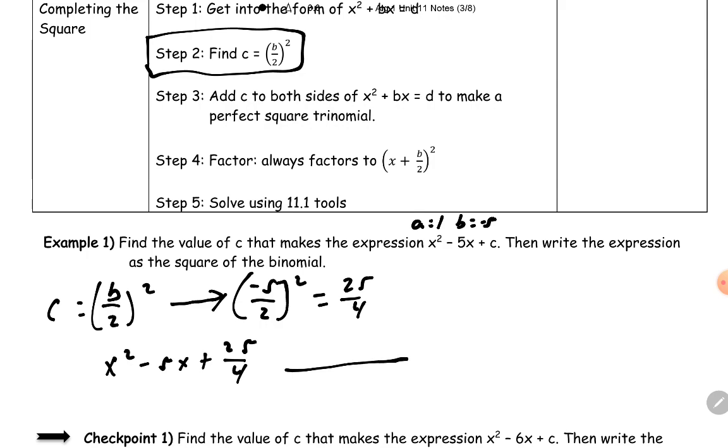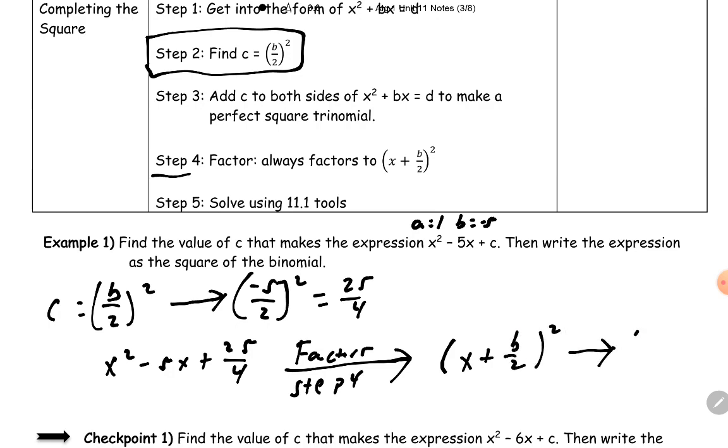And then we're going to factor this using step 4. So this always factors into x plus b divided by 2 squared.